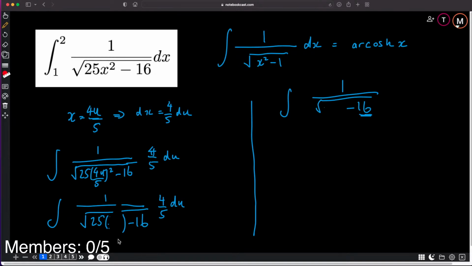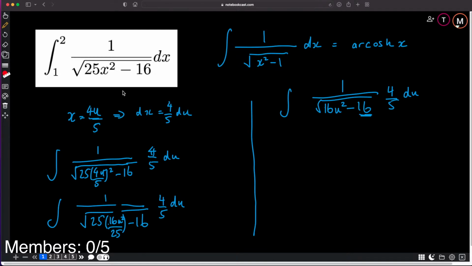And so now when we square that, it's going to be 16u squared over 25. And here, this term would be 16u squared take 16. See that? Because I substituted 4u on 5 for x, I now have 16u squared take 16 under the square root. That's really nice because if I factor out a 16, I'm going to be left with u squared take 1 under the square root, which is what we wanted.